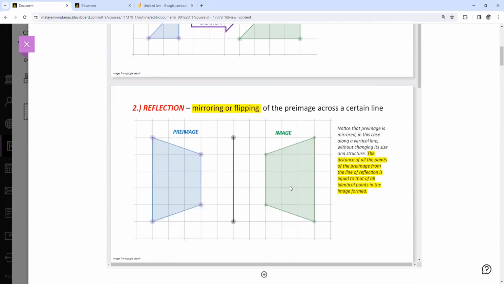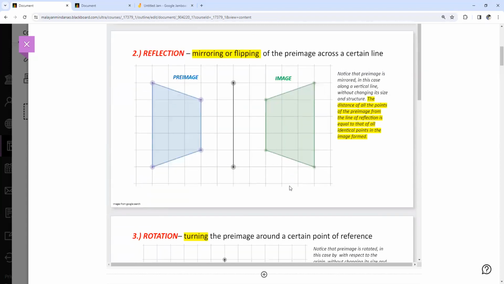For reflection, so that was dilation, and reflection is you do that by creating a line somewhere and imagine mirroring or flipping the pre-image across that line. And so you create a new image, which is the reflection of the pre-image.